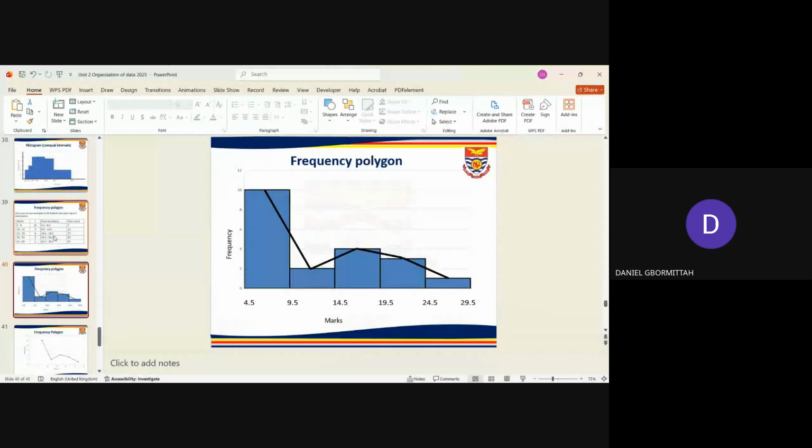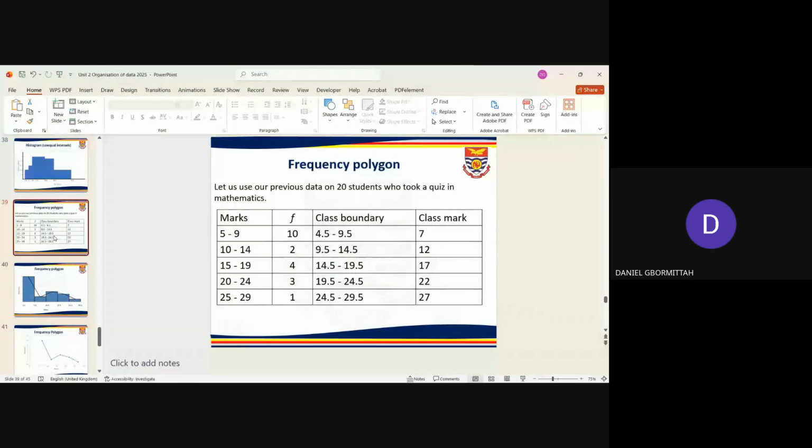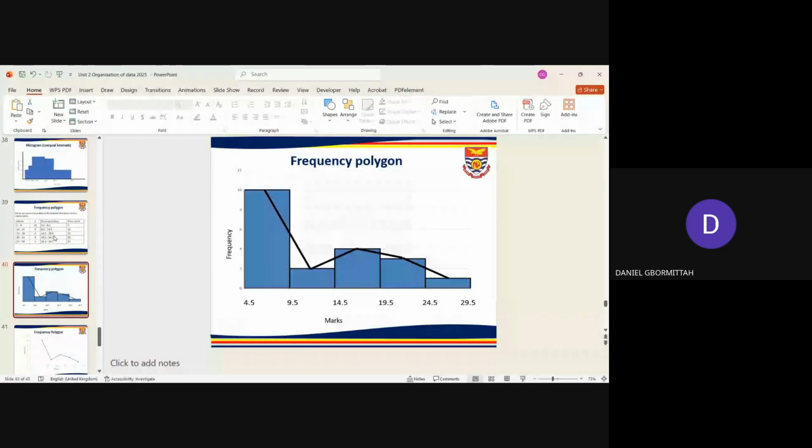With frequency polygons, you are also good to use the class boundaries, right? This is the frequency polygon for the data set that we have here. You see that we have drawn the histogram. Then you see we have a line.